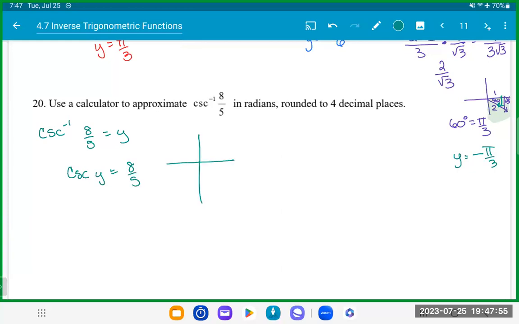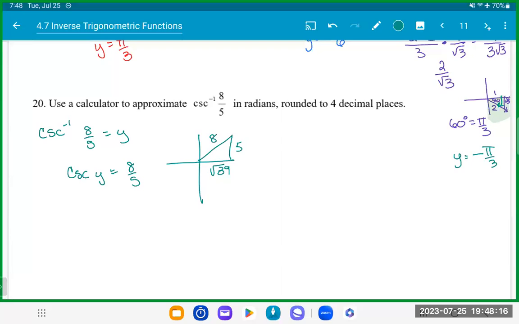So if we draw that out, my hypotenuse is 8, my opposite is 5. When I do my Pythagorean identity, x squared plus y squared equals r squared, I get that my x value is the square root of 39.